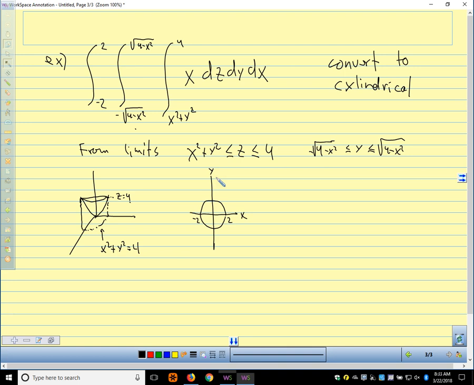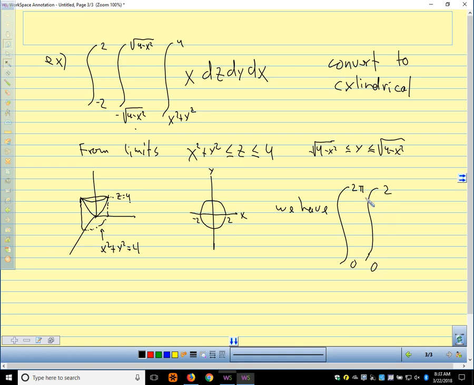All right. Well, this is pretty easy to convert to cylindrical coordinates, right? So theta is going to go, in this region, from 0 to 2 pi. We can't necessarily split it up because we have this x in there, so that's not symmetrical in that region. r is going to go from 0 to 2.